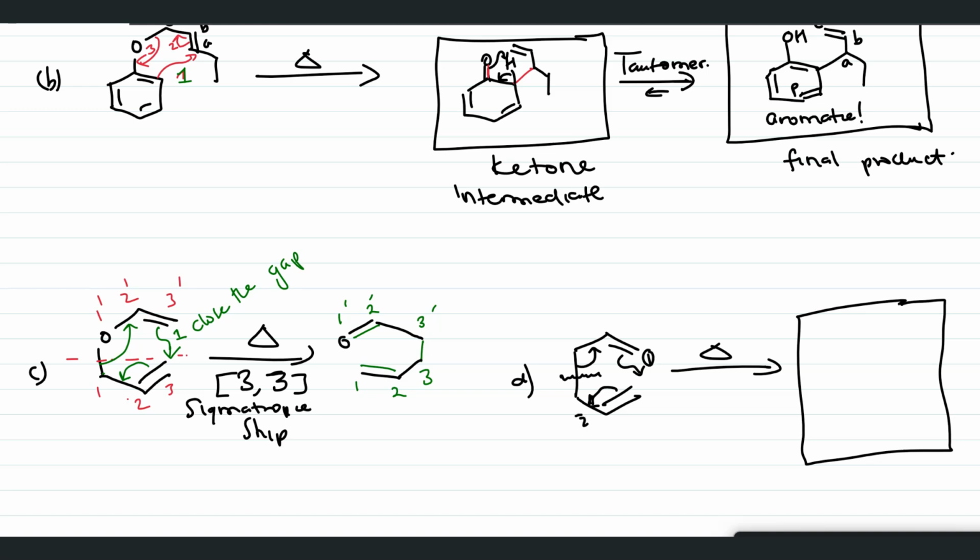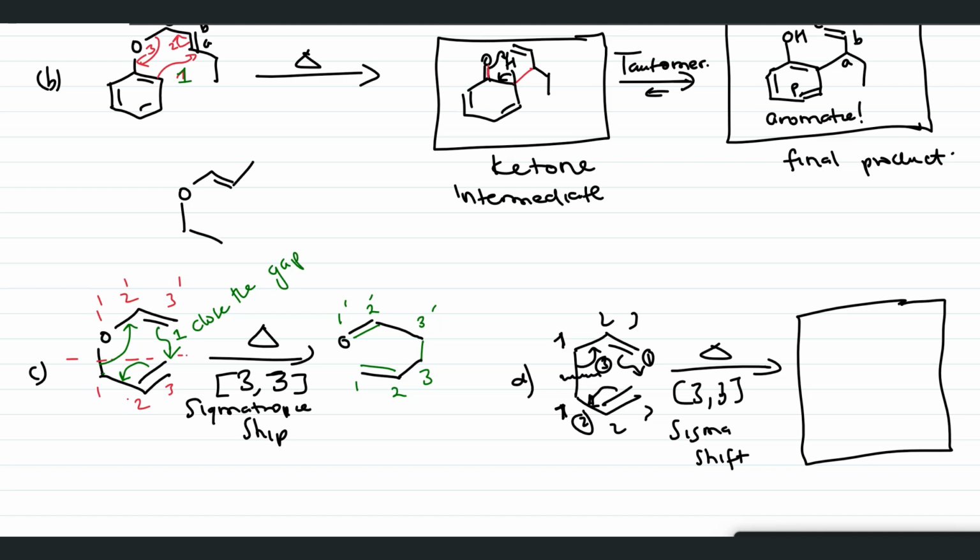So arrow 1, arrow 2, arrow 3, 1, 2, 3, 1, 2, 3. The ones are always where you're cutting your sigma bond. So it's still a 3,3. And I know I messed up if I don't have 3,3. Yes.